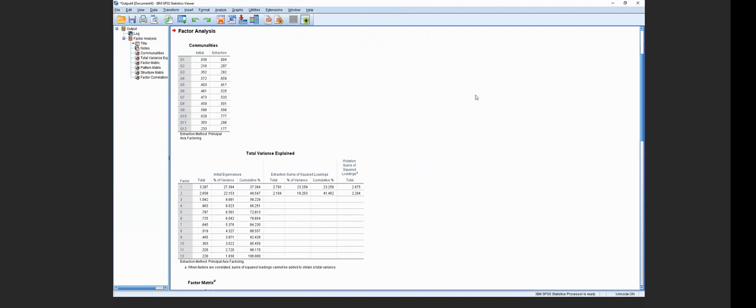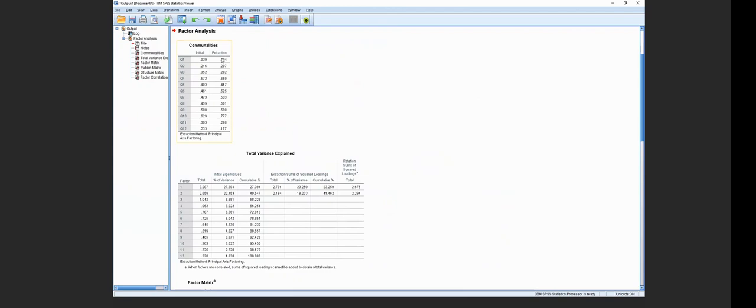Continue, and for rotation I choose direct oblimin. Continue, and in Options we suppress small coefficients. We want to see factor loadings more than 0.3, so we put 0.3 here. Continue, then okay.